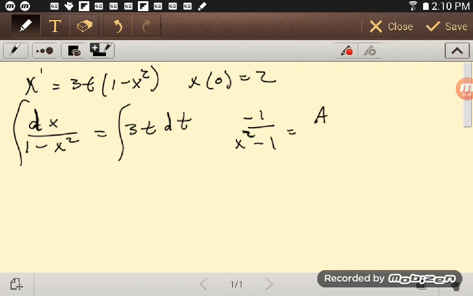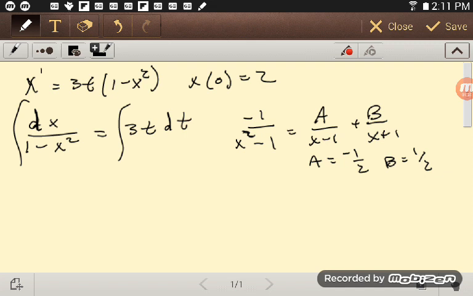equals, and then we need an a over x minus 1 plus b over x plus 1. I'm not going to go into the partial fractions, but what we'd find is that a is negative 1/2 and b is positive 1/2.